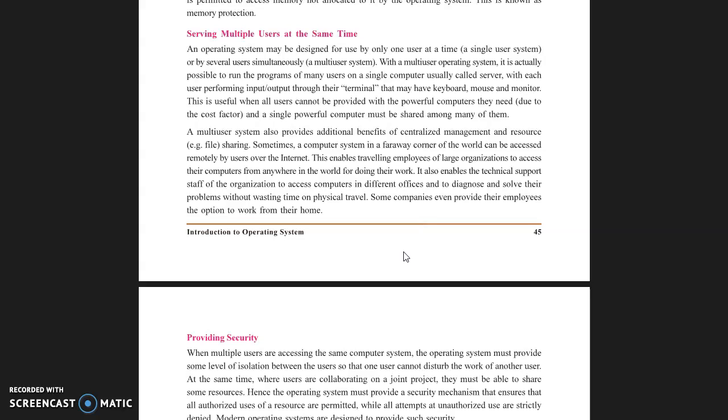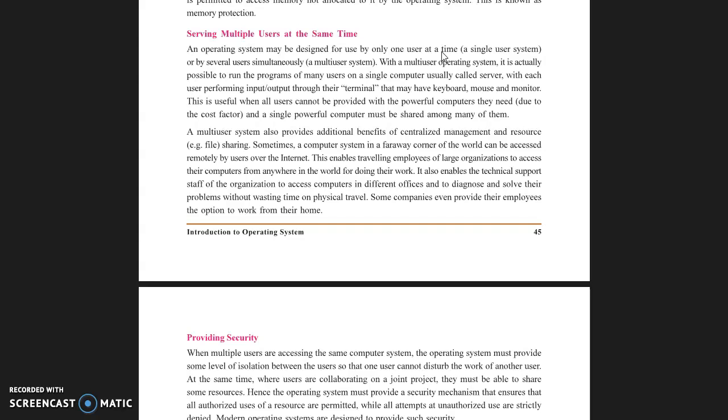Serving multiple users at the same time: an operating system may be designed for use by only one user at a time, called a single-user system, or by several users simultaneously, a multi-user system.